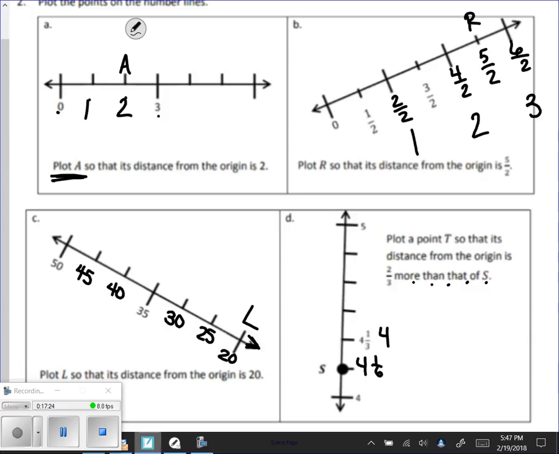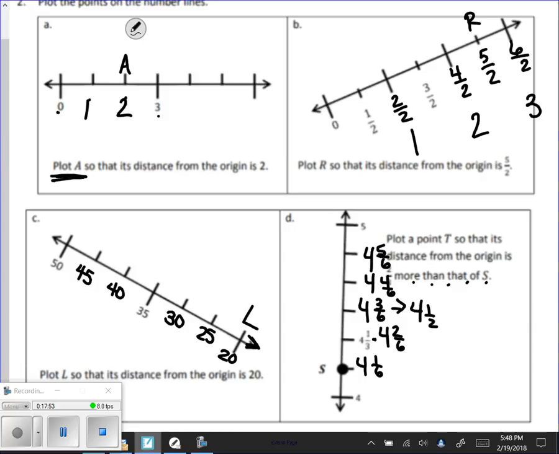This is 4 and 2/6, which is where they're getting the 1/3 because they just simplified it. 4 and 3/6, which is 4 1/2. 4 and 4/6, 4 and 5/6. So we need 2/3 more than that of X.